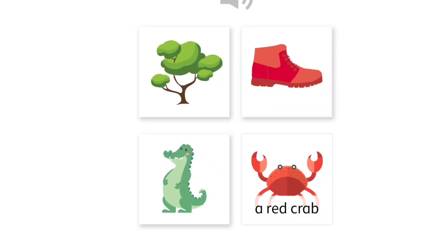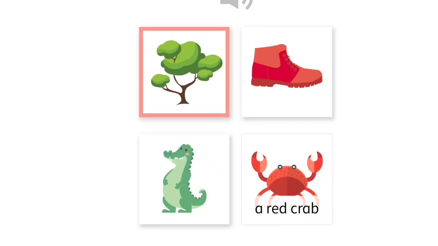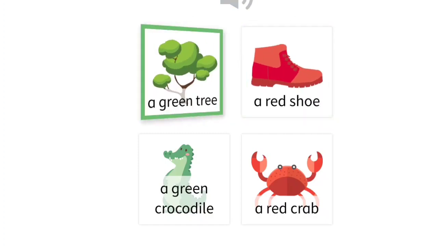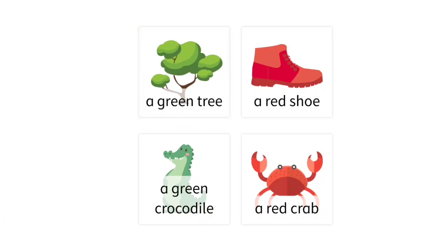A red shoe. A green tree. A green crocodile. A green tree. A red shoe. Understood?